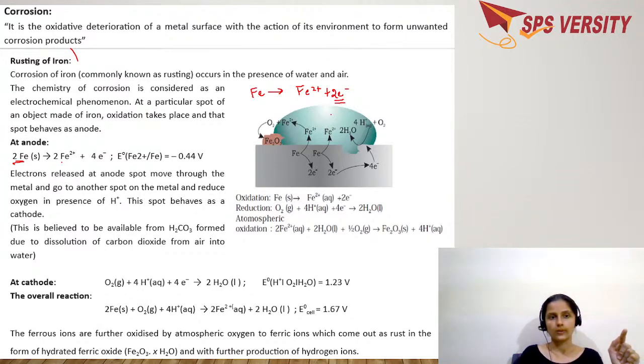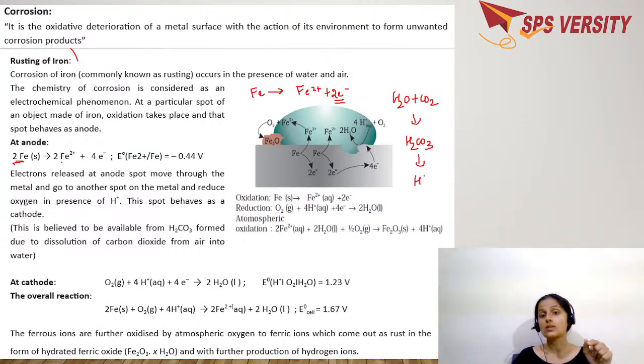These 2 electrons, which are released at the anode, go to the other side, where you have H plus. How is that H plus produced? You have water and carbon dioxide in the atmosphere. They combine to give H2CO3, carbonic acid, a weak acid, which gives H plus.